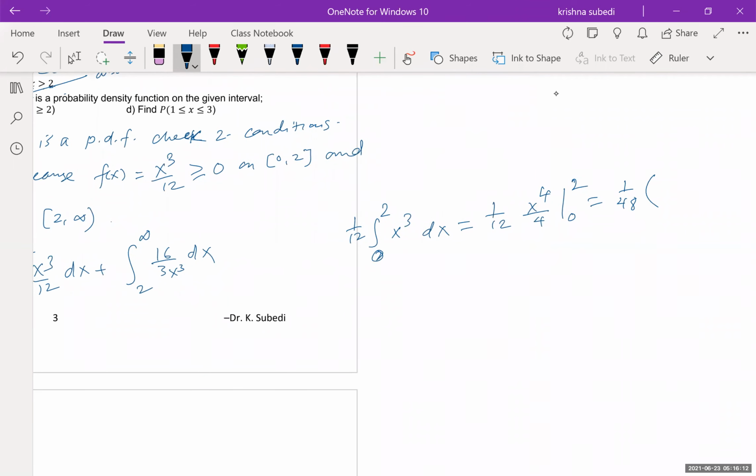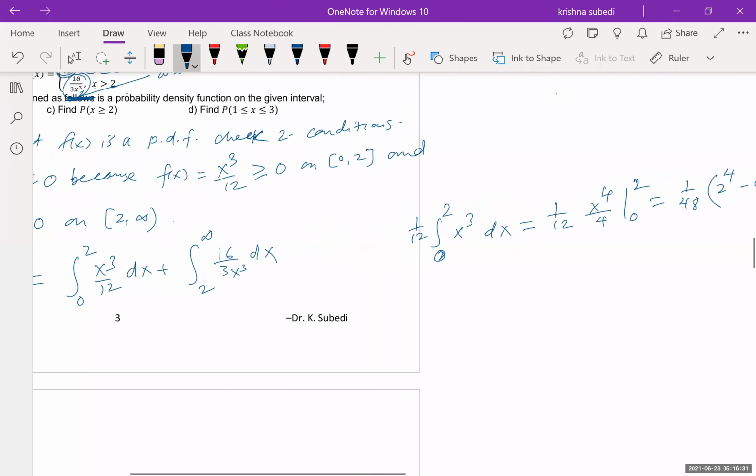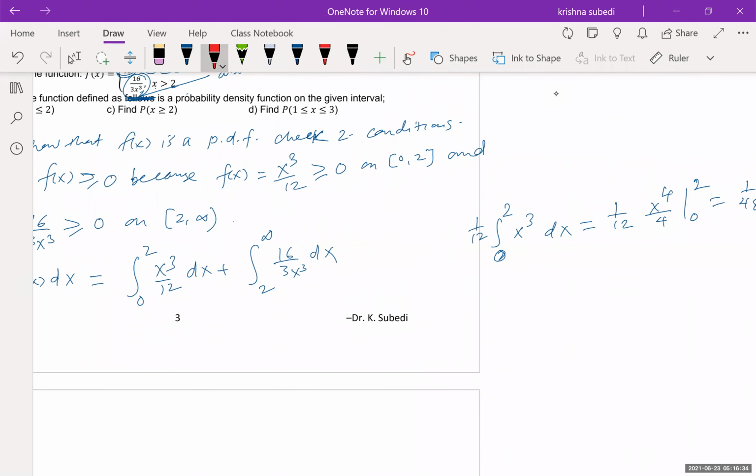So this will be 2 power 4 minus 0 power 4. How much is that? 2 power 4 is 16. It's 1 over 3. Okay, so we got 1 over 3 for the first one.